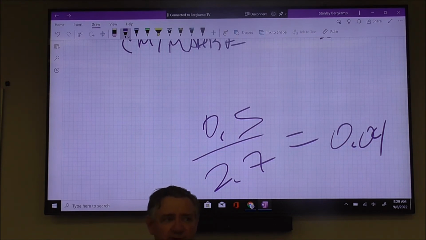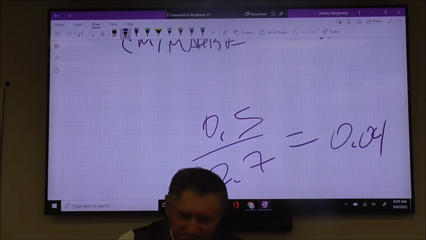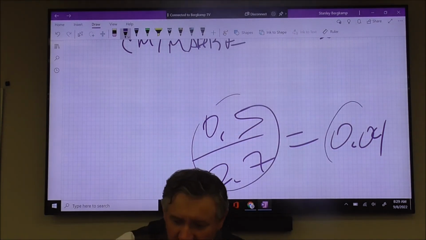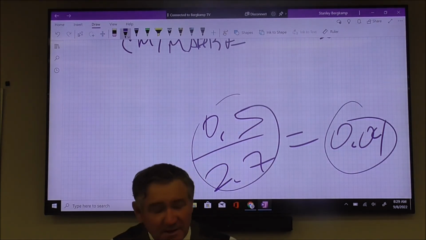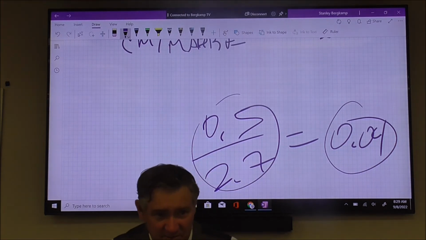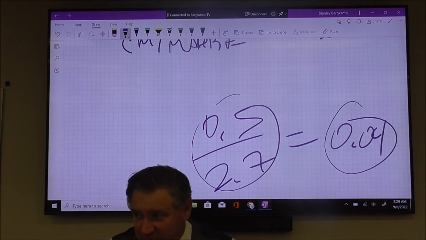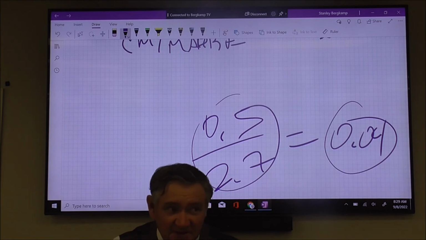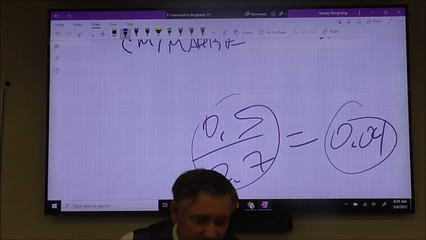How happy am I going to be? I will flip out, okay? Number one, I'd have no idea what this is. There's no units. I have no idea what this is, okay? It's a train wreck, okay? Horrible, horrible. If you put down a number, there better be units with it, okay? That's kind of your general rule. If you put down a number, there better be units with it.